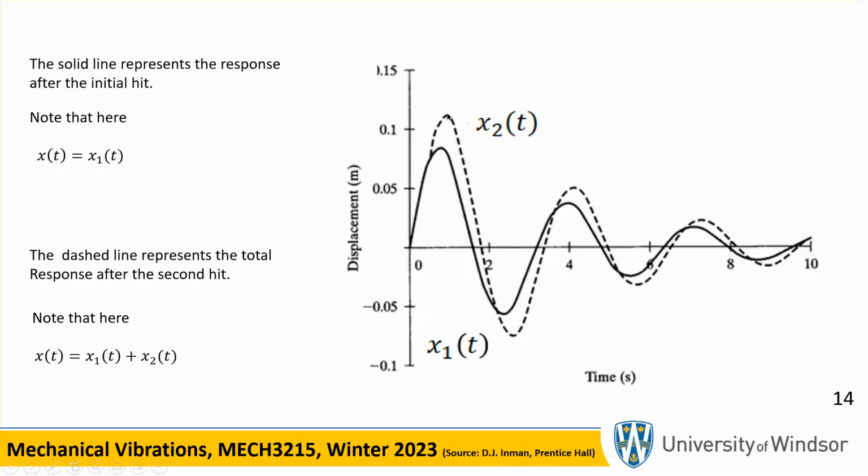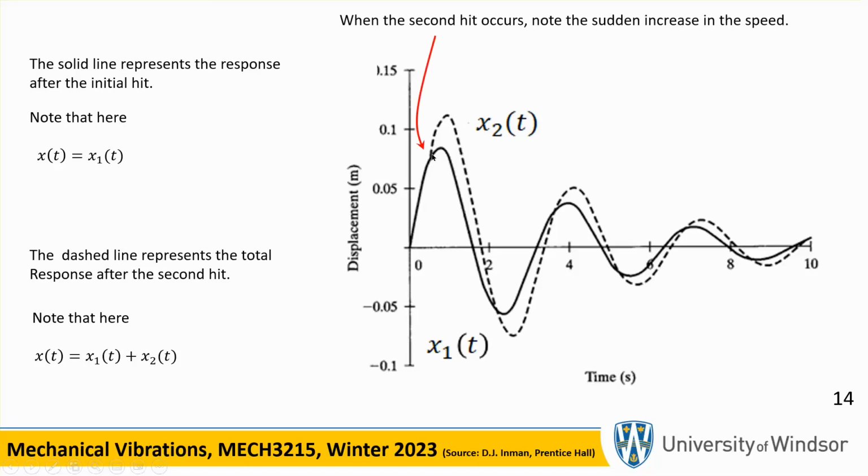If we are trying to say what this dashed curve is, it is x1 plus x2. The dashed line represents the total response after the second hit, which means it's going to be x1 plus x2. This is misleading the way it is written here. But go with the stuff on the left.